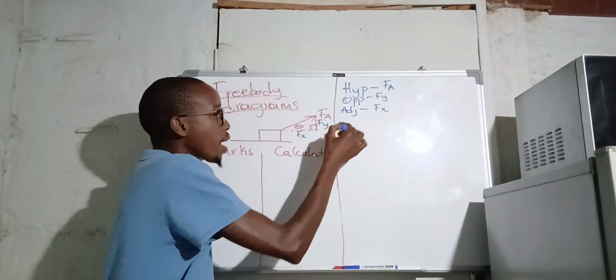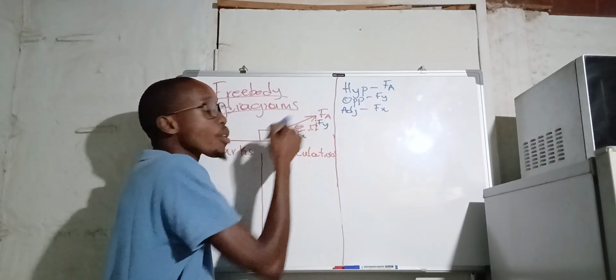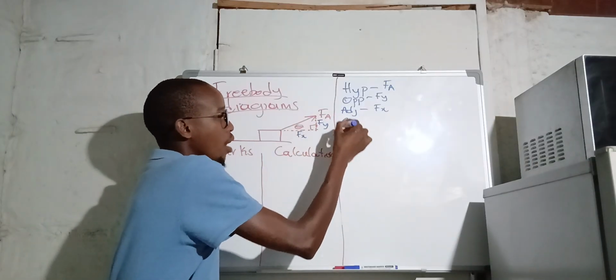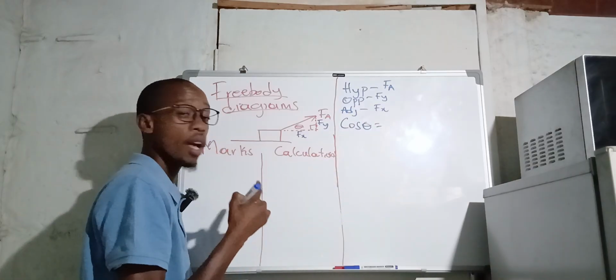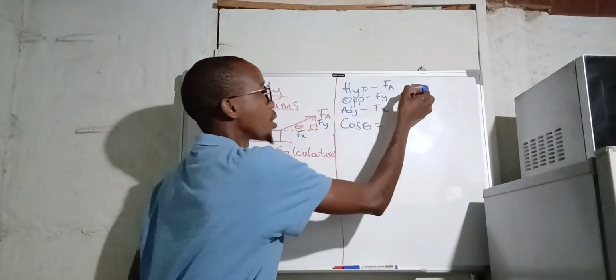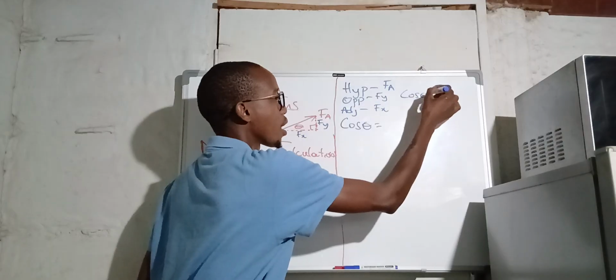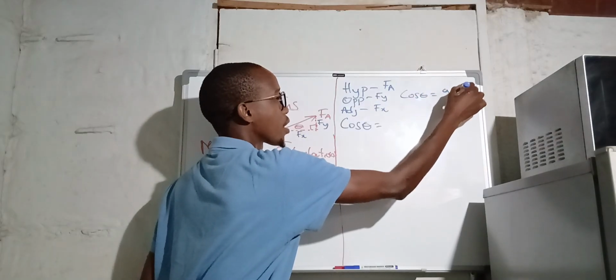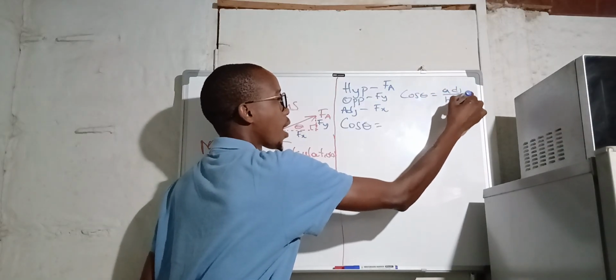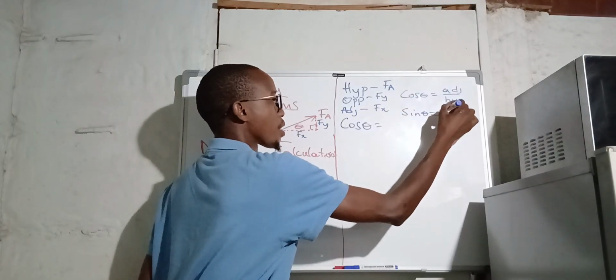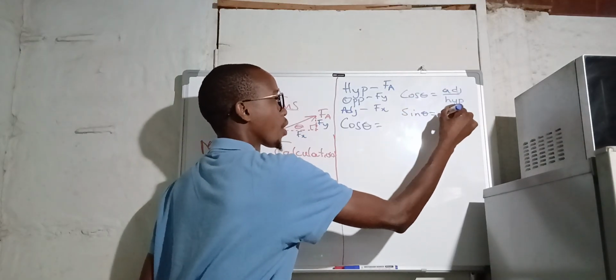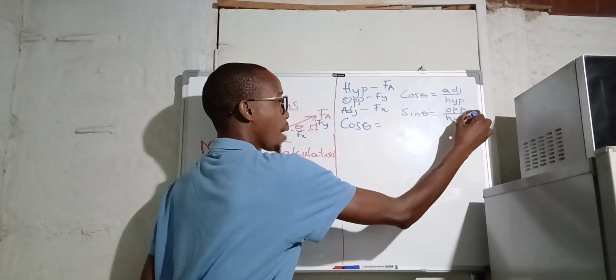We will be saying, if I want cos of theta, it is going to give us what? Let's do this. Cos theta is equal to adjacent over hypotenuse, and then sine of theta is going to give us opposite over hypotenuse.